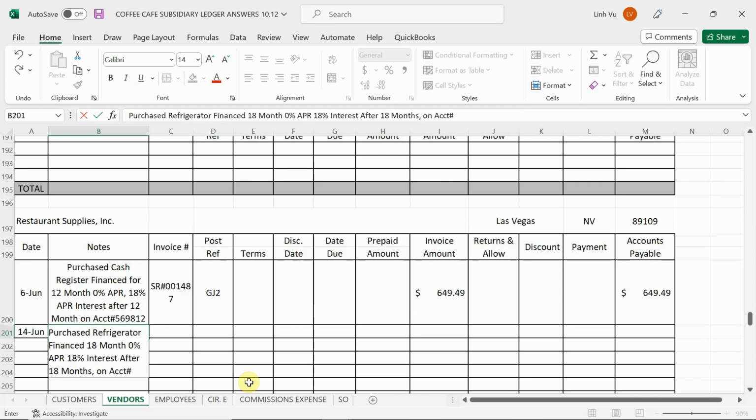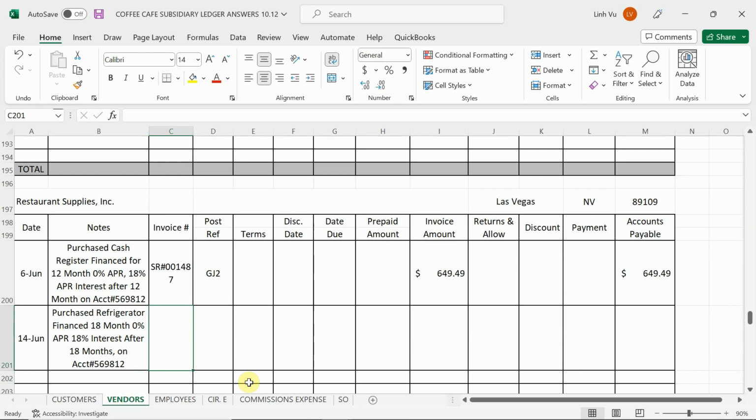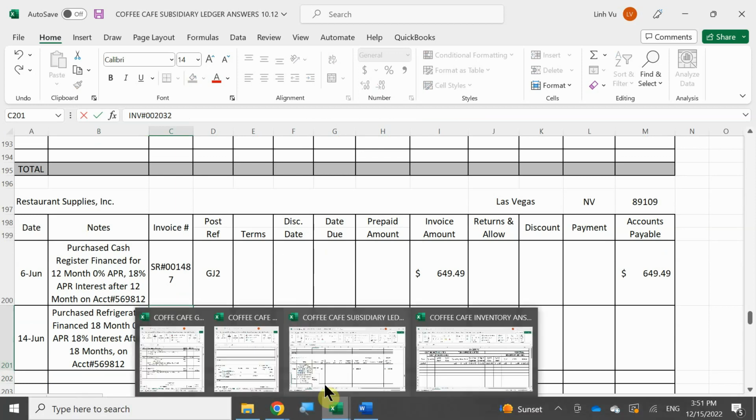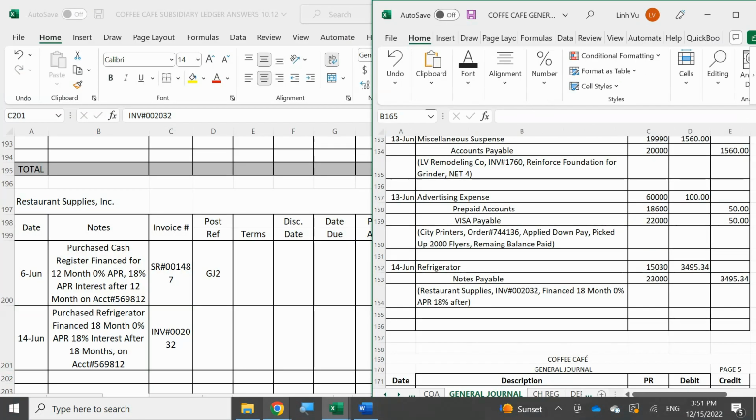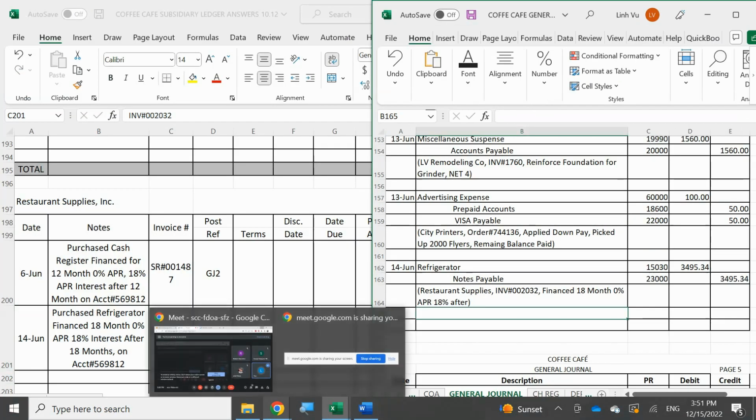It should be the same exact account, 569812. This one was the invoice number 002032. See, invoice number 2032. Yep.